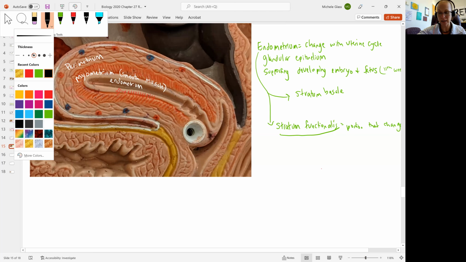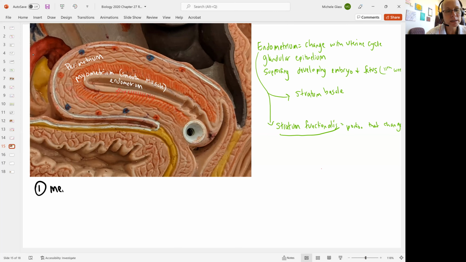As we talk about the uterine cycle, we are going to talk about it as having three stages. The first stage is referred to as the menses. What we actually see happening here is the decrease in progesterone that happens when the corpus luteum becomes the corpus albicans, and I'm going to graph this out for you.